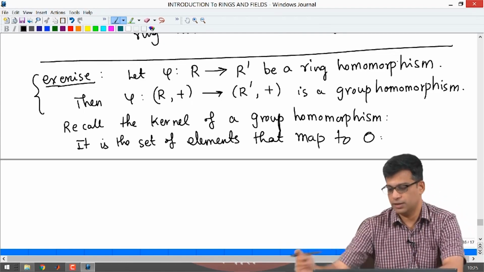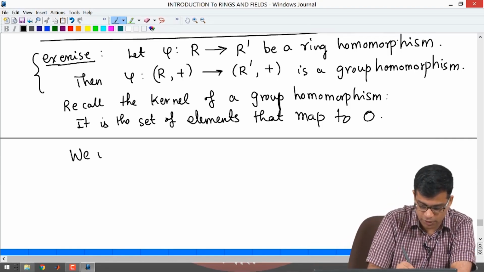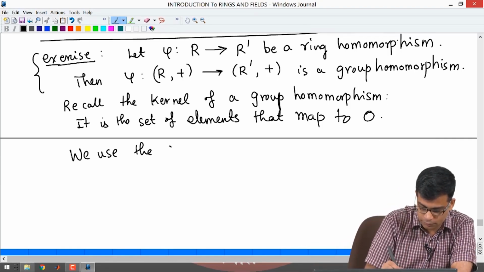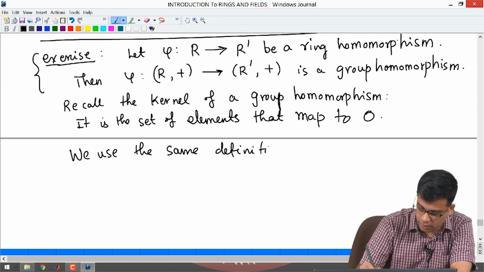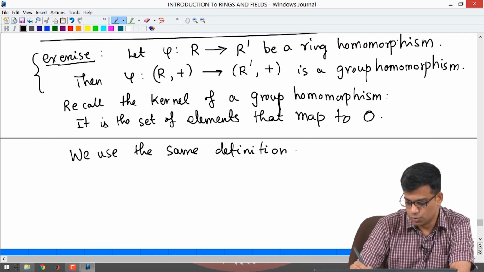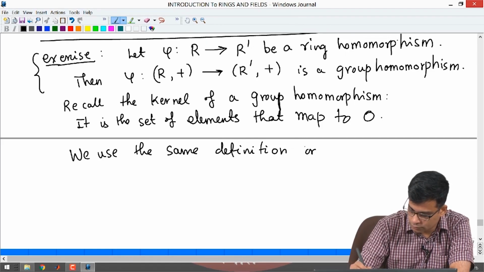The kernel is always the set of elements that map to 0. So, we use the same definition here. This is really a set theoretic object, so we use the same definition for ring homomorphisms.